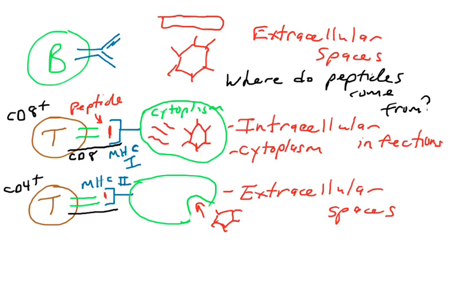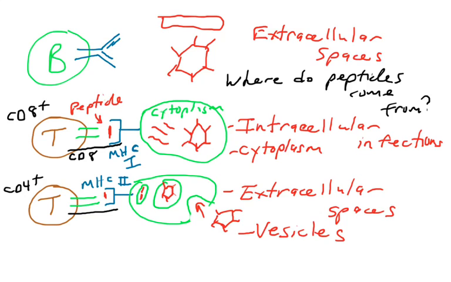pathogen, like a virus or a bacterium, it'll take that pathogen into the vesicles, into the vesicular system of the cell, where the pathogen is broken down. The viral or the bacterial proteins can be broken down into peptides, and those peptides are shown to the CD4 positive helper T cells.